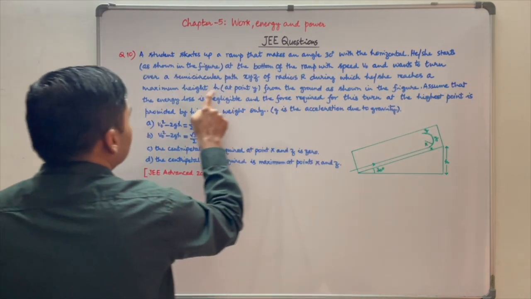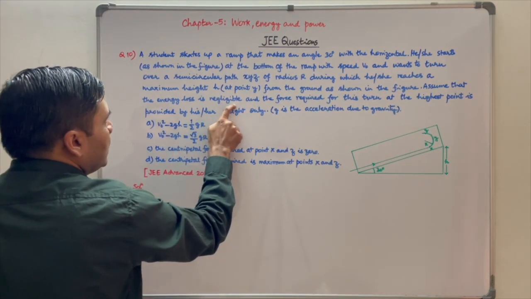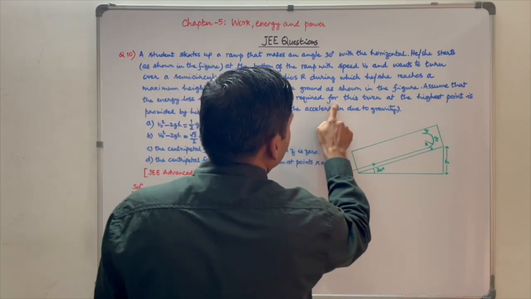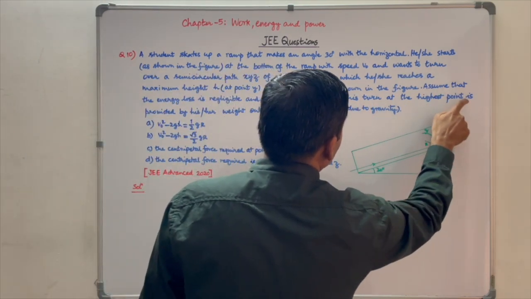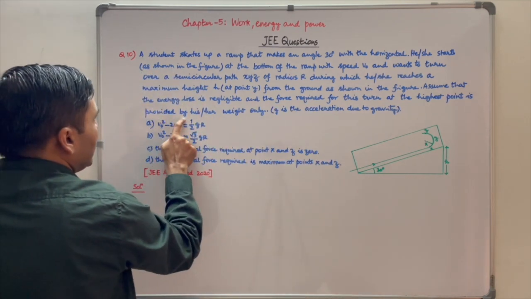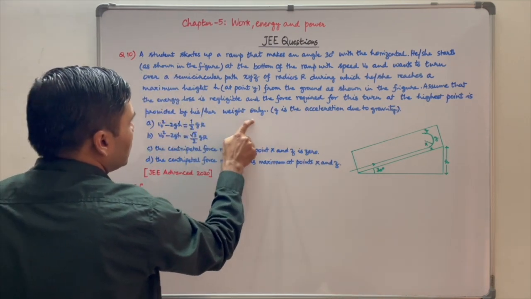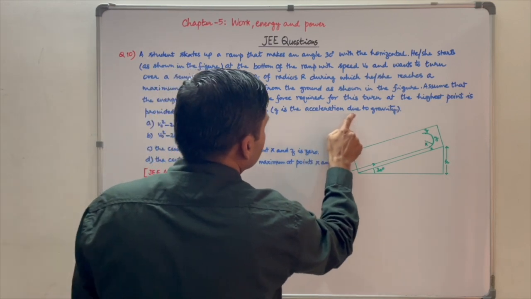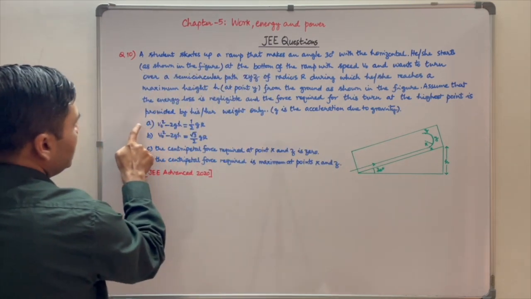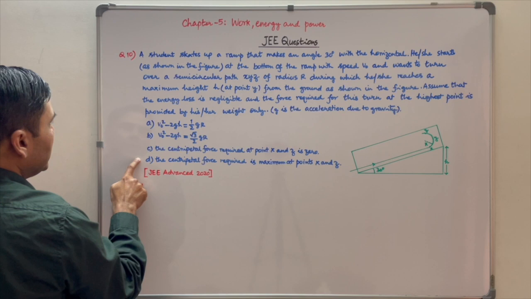Assume that the energy loss is negligible and the force required for this turn at the highest point is provided by his or her weight only. g is the acceleration due to gravity. These are the statements given. We have to figure out which ones of them are correct.